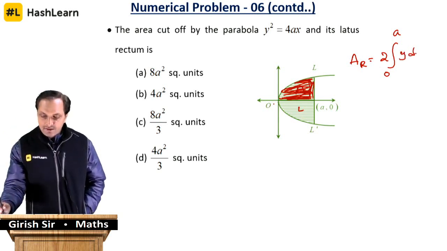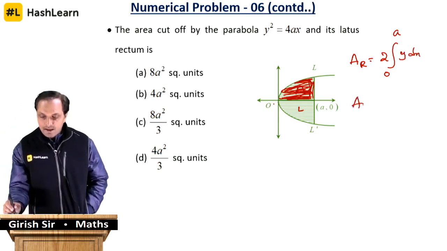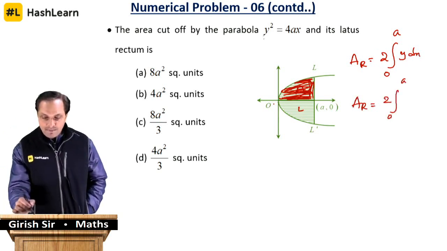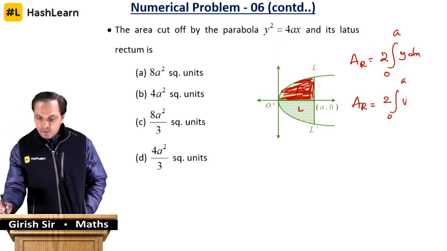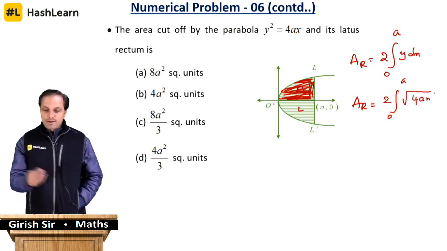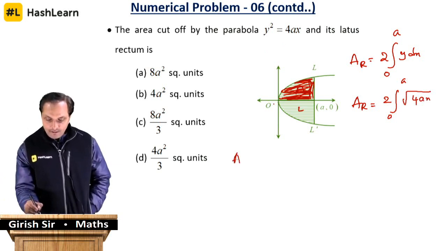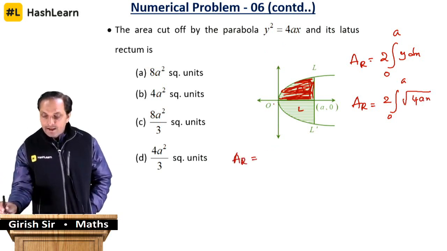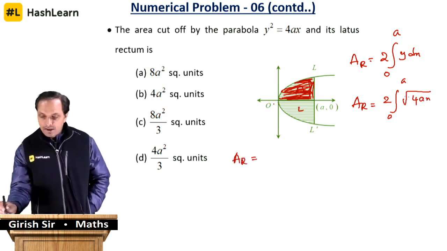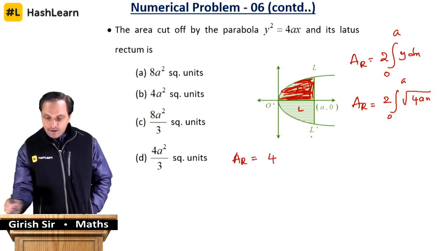So what is y dx? What is y for the parabola? Area required is equal to 2 times the integral from 0 to a. y for this parabola is root 4ax. Chalo, let us do the integration. The area required will be, when I take 4 inside the root and it comes outside as 2, 2 into 2 again 4, this will be root a.